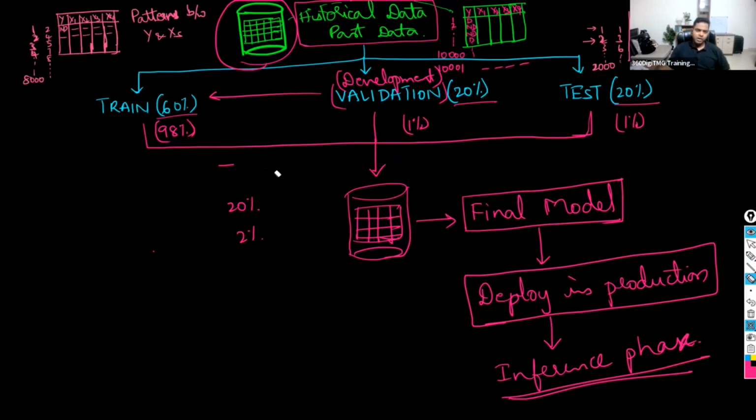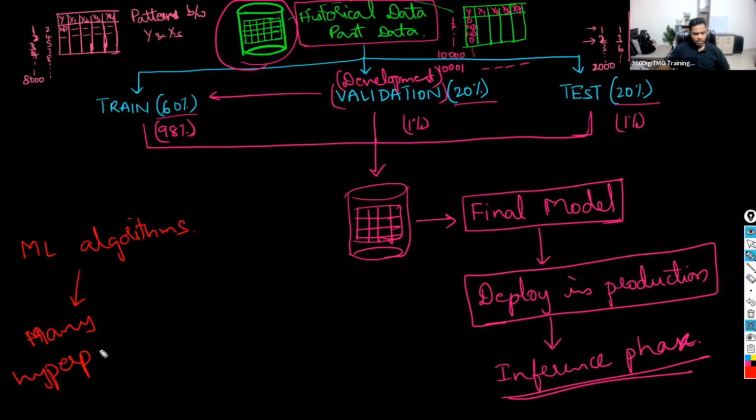One other thumb rule that makes a lot of sense here is that when you have machine learning algorithms which have a huge number of hyperparameters, many hyperparameters, that means you need to do a lot of experiments.